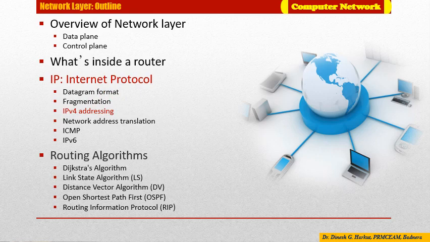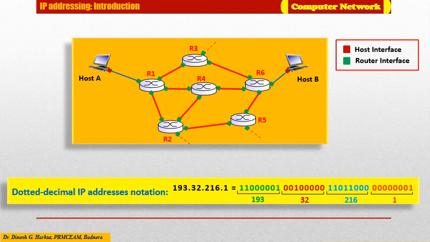Now we will move our attention to IPv4 addressing. Though addressing seems to be easy and straightforward, specifically internet addressing is somewhat tricky, subtle and interesting topic as it is of central importance to the internet.